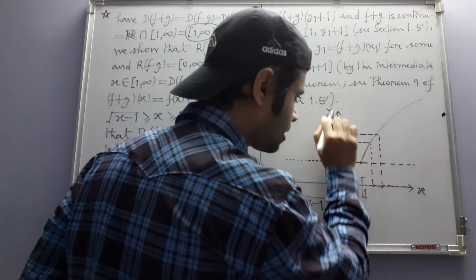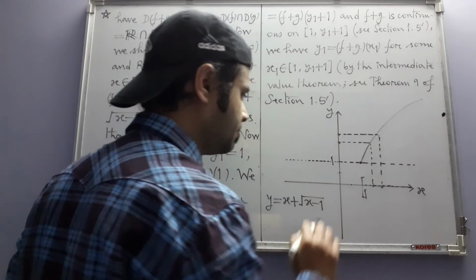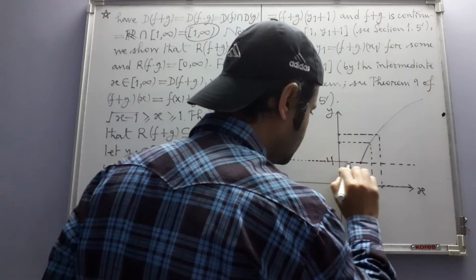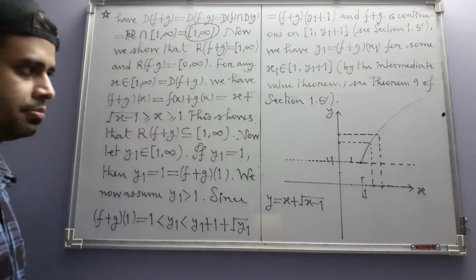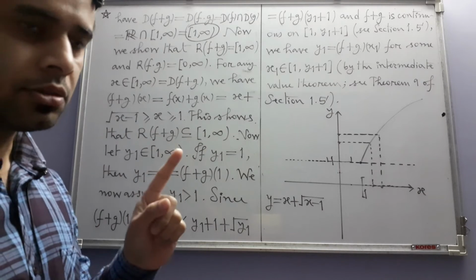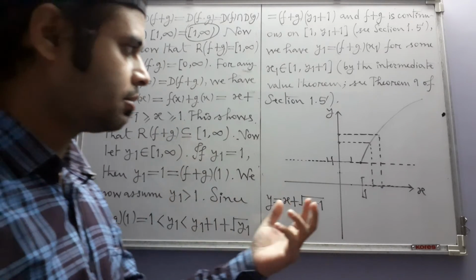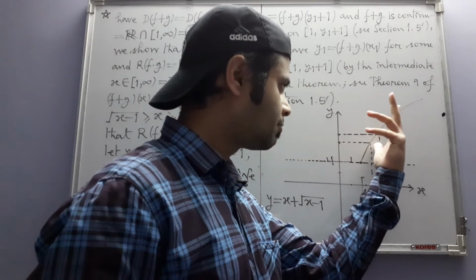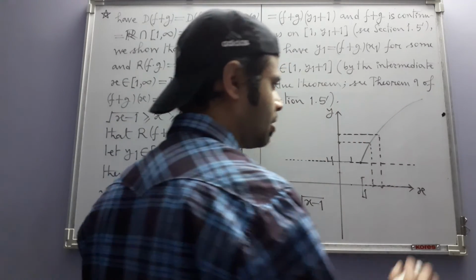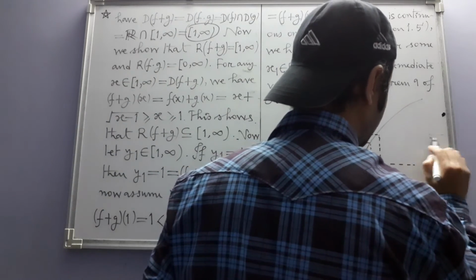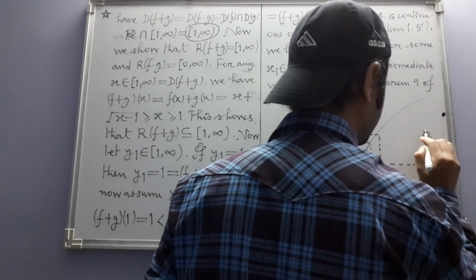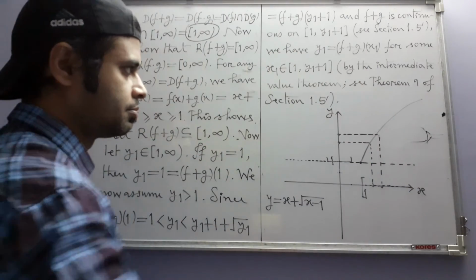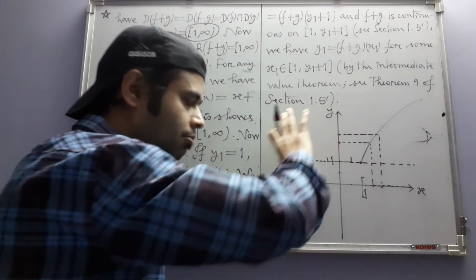So all the outputs are greater than or equal to 1. So the range of this function is the shadow of this graph if one shines a flashlight from this side, the shadow on the y-axis.